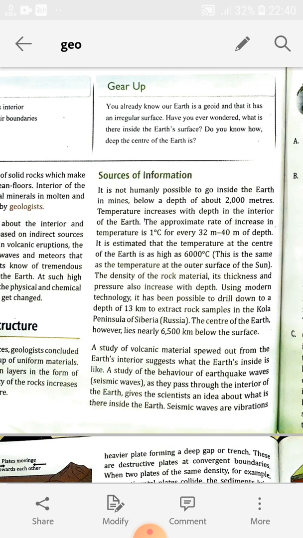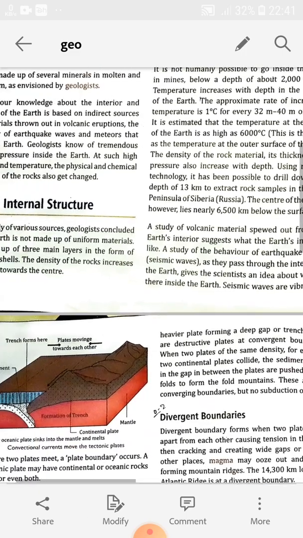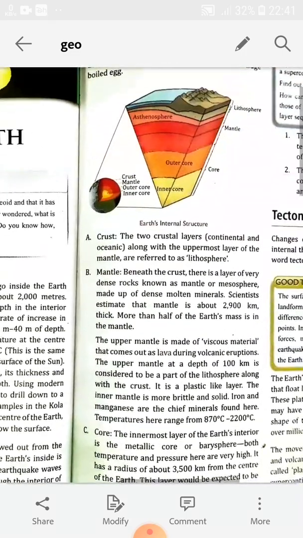These waves travel at different speeds through different interior parts of the earth, so we get to know how the earth's interior looks. Now let's go to the next part.